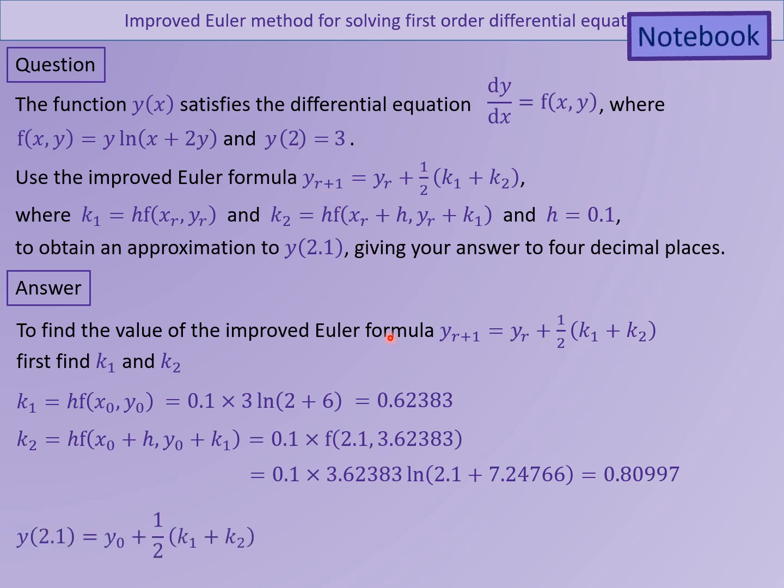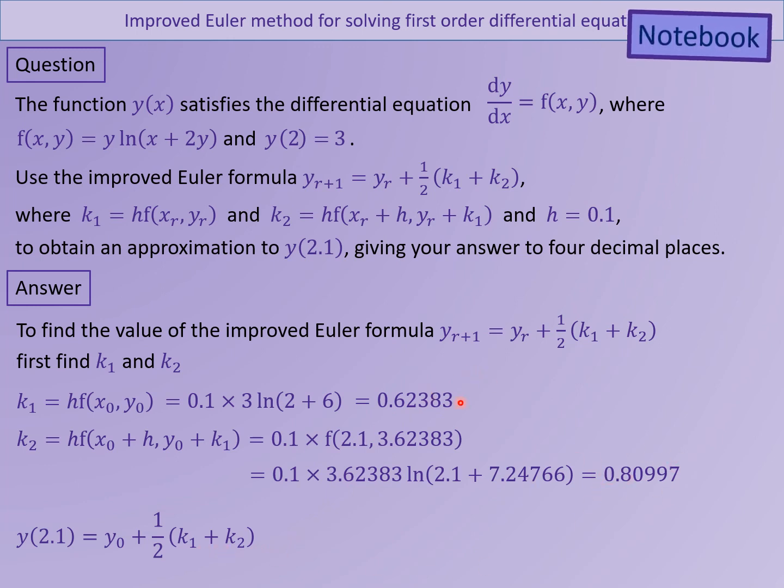Right, so now I've finally got my k1 and my k2, I can then look at the next y value along. So my next y value, luckily I only have to do this once, because I've got 2, they want 2.1, so they only want one iteration of it. It's going to be my y naught, that's my first y value, which is 3, plus a half lots of k1, so there's k1, plus k2. So there we go.